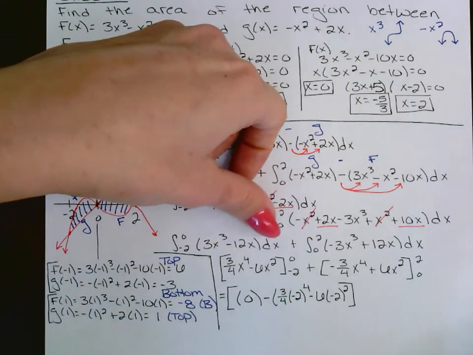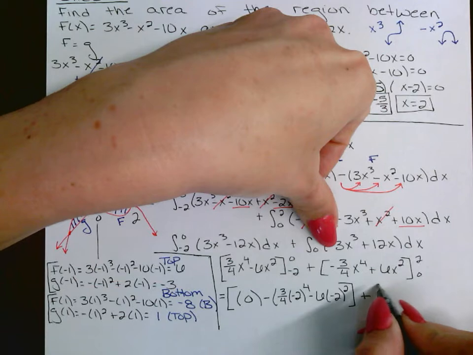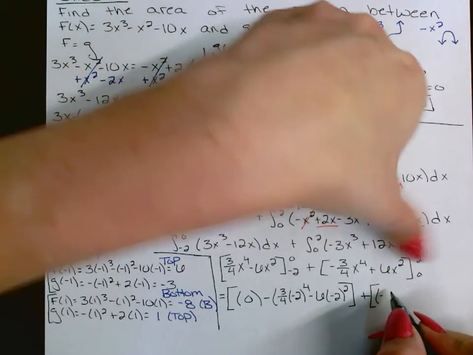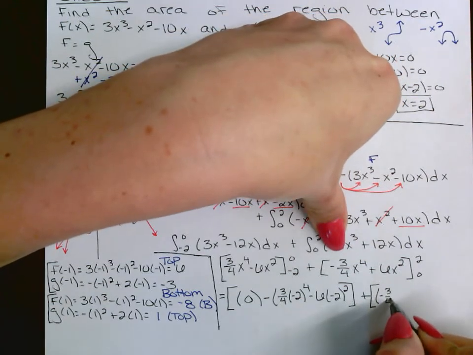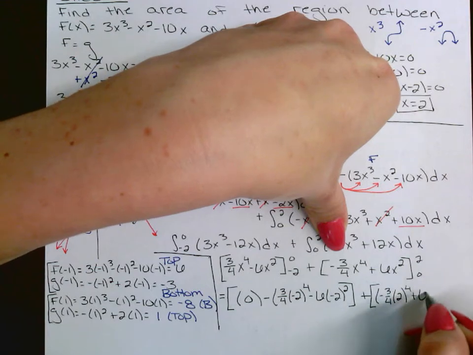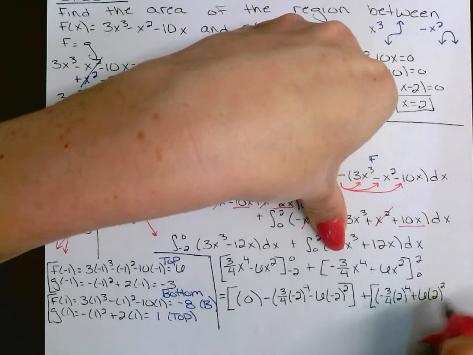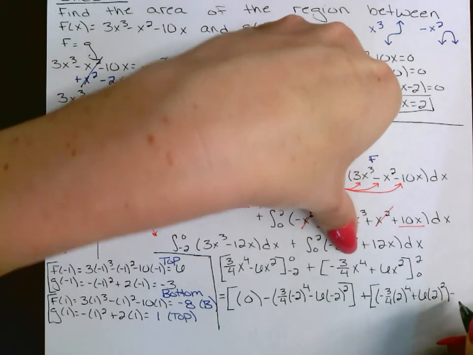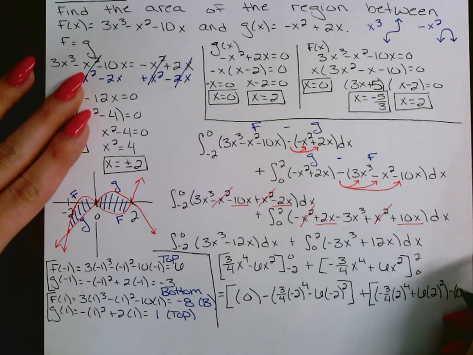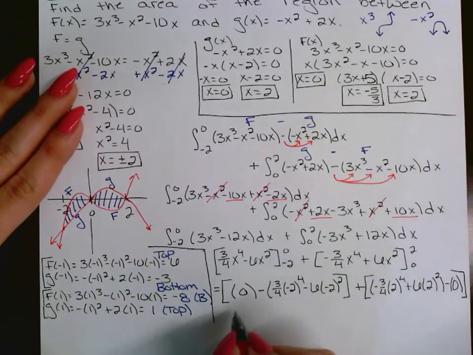So this is my first portion, plus, I'm plugging in my +2, my f of B, minus, what is my function at A going to be? And you are done. This is your final answer.